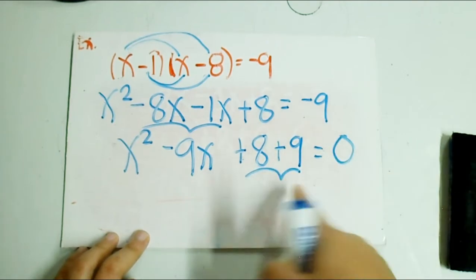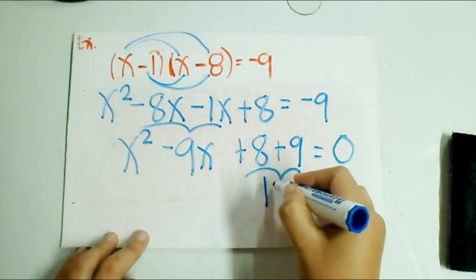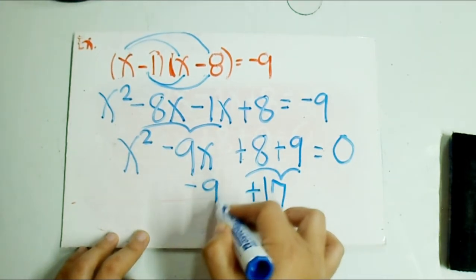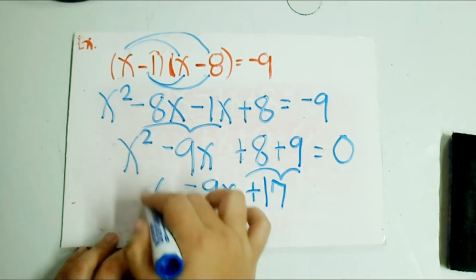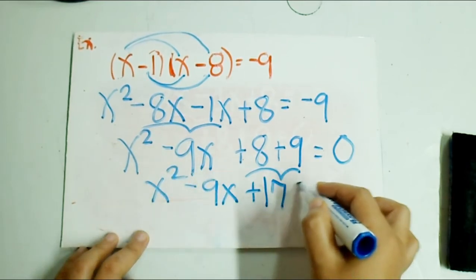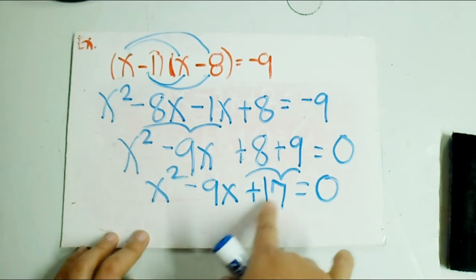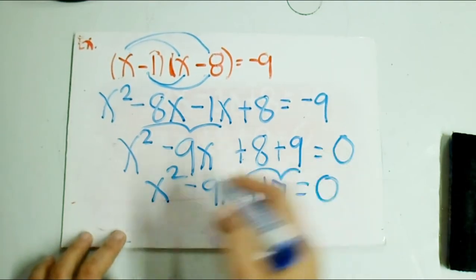Positive 8 and positive 9 can be combined, that is positive 17. Then we will just copy negative 9x and x squared equals 0. So we have x squared minus 9x plus 17 equals 0.